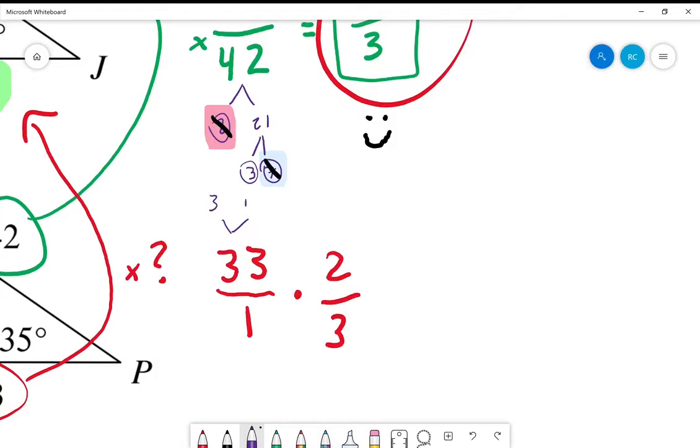It's 3 times 11, and both of those are prime. 2's already prime. 3's already prime. 1 can't be broken down any further. So again, what do we have? Well, I see a 3 on the top and a 3 on the bottom. 3 divided by 3 is 1. So those two kind of cancel out. So where am I left?